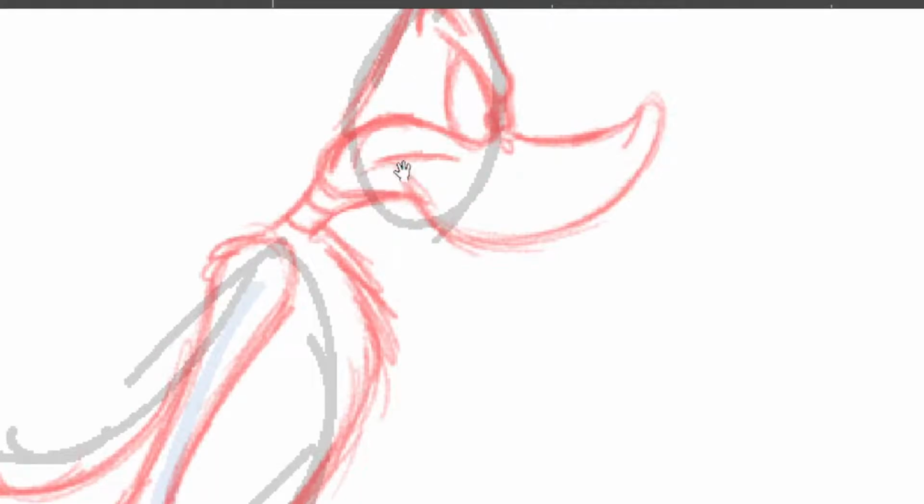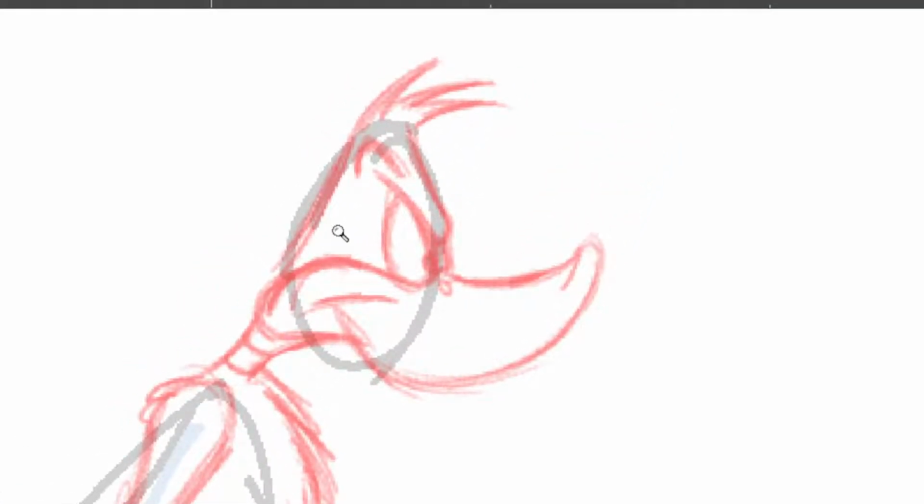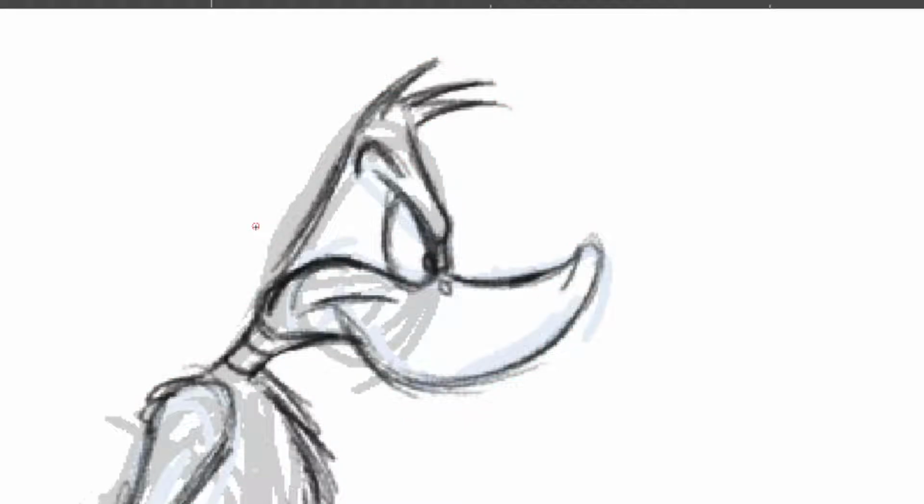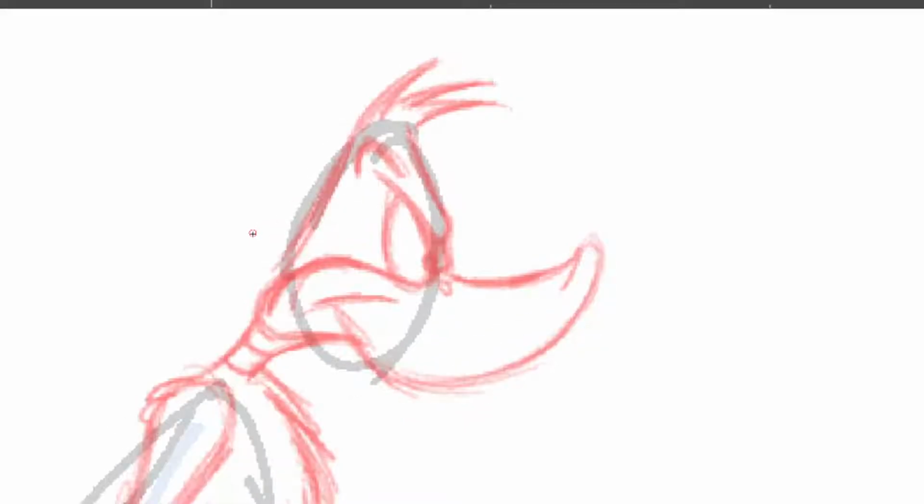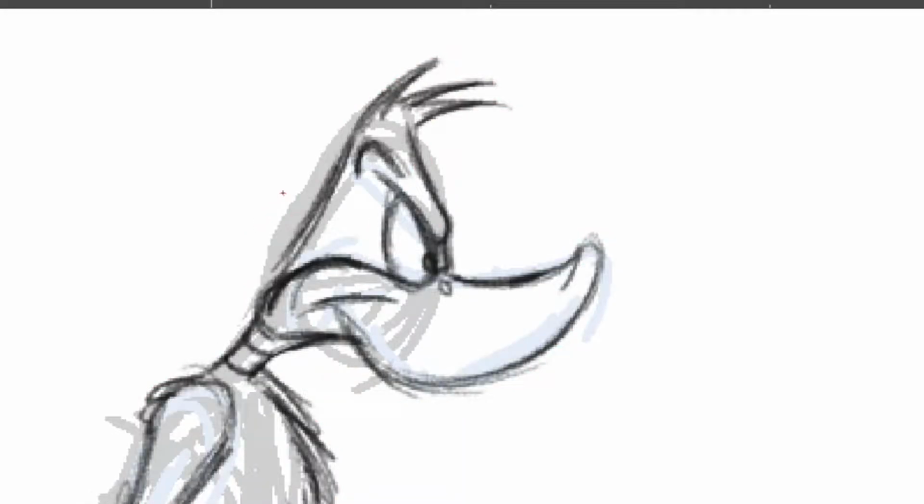So if you want a little tip about using OpenToonz, which I recommend, if you press comma or full stop, comma will flip to the previous frame, and full stop will flip to the next frame.